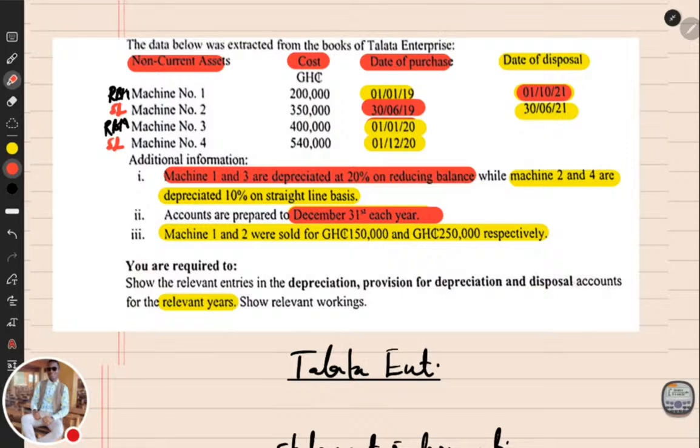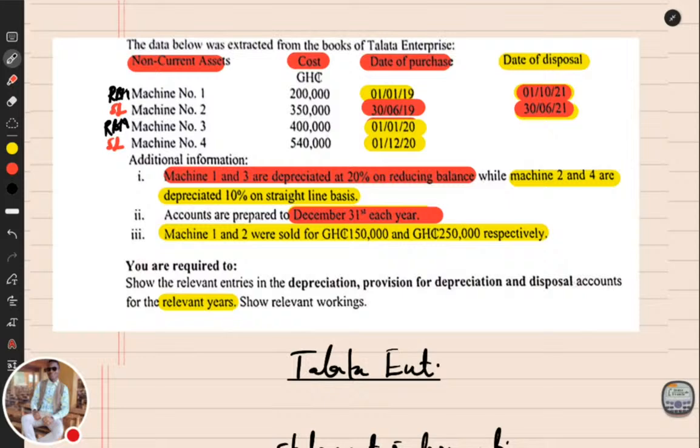And machine number 2 was also disposed of on 30th June 2021. So that means that we need to know how long we used the machine in the year 2021 up to their date of disposal. Okay, that's what we need to do.